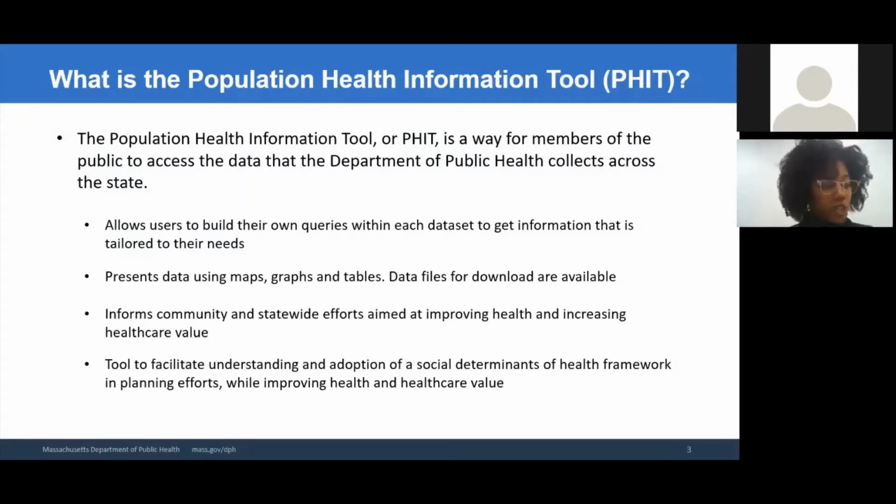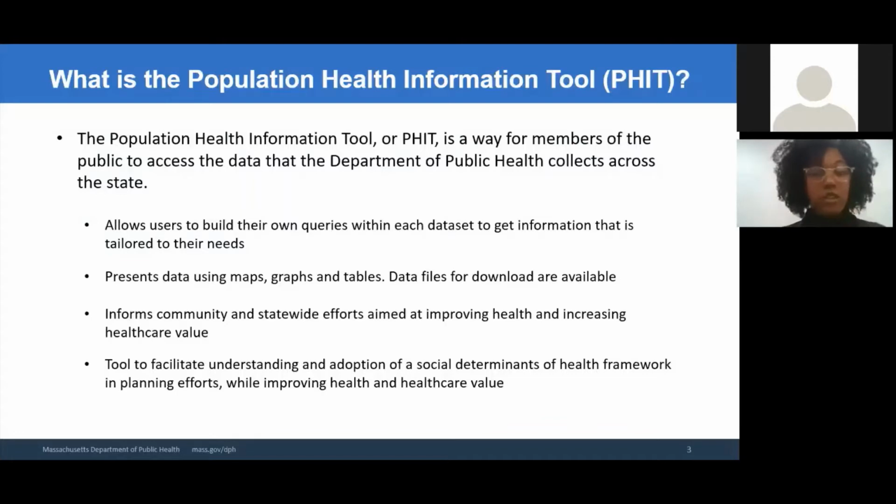In addition, not only does PHIT provide publicly accessible data, but it also allows users to create unique and specific dataset queries for population-specific information, while also formatting this data in downloadable files that can show maps, graphs, and tables.